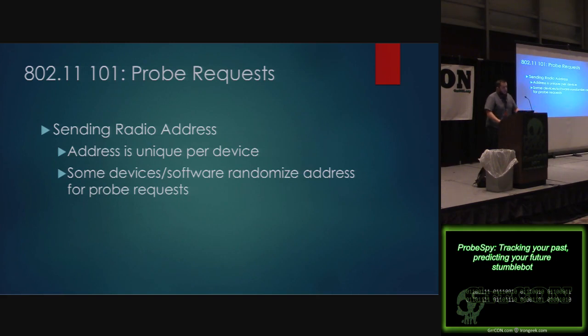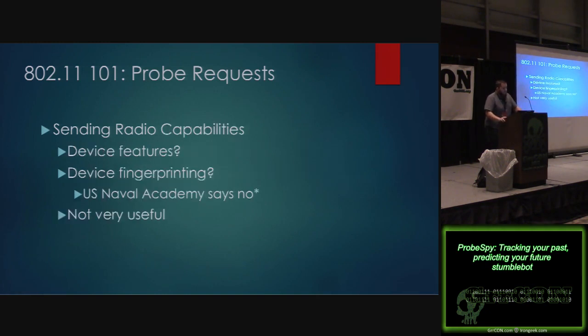So we can potentially determine the burnt-in MAC address of the device sending the probe request. Additionally, we can determine the sending radio's capabilities. This is stuff like the frequency that the radio will transmit and receive at, the modulation schemes that it supports, the encryption schemes that it supports, and other features like Wi-Fi Direct. There are a whole bunch of different features included in this area.